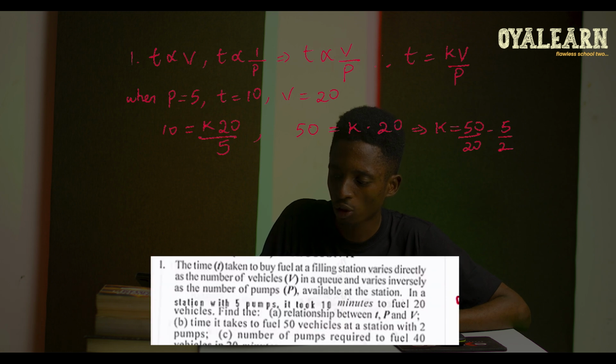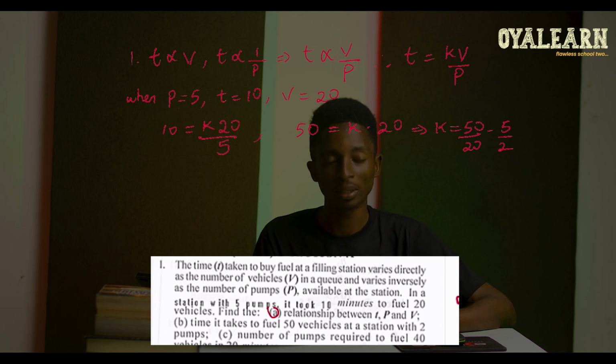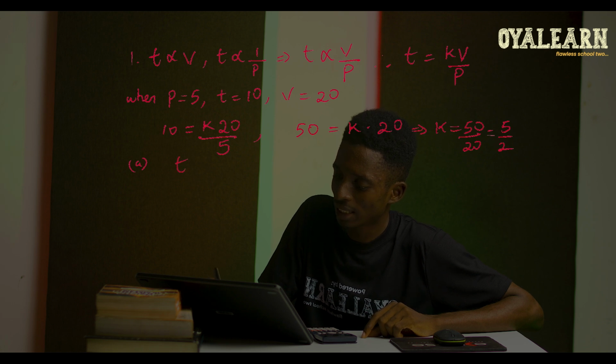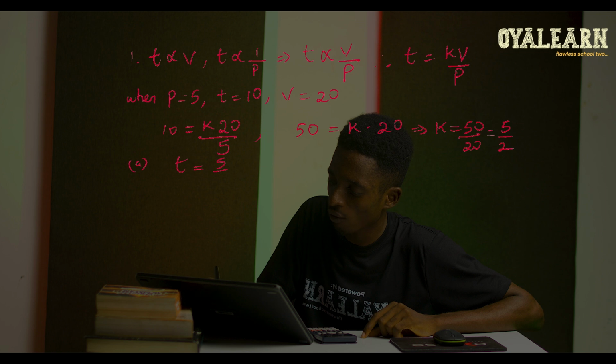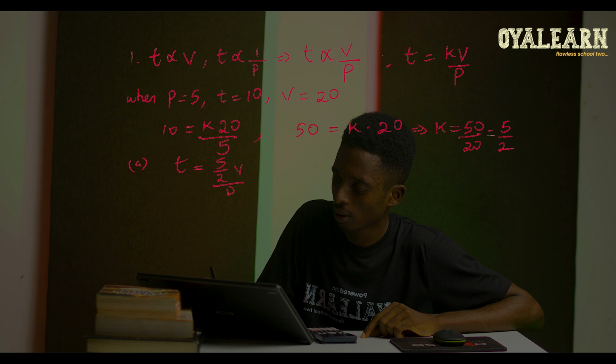So now that we have the value for K, we can go on to solve the first part of the question, which says we should show the relationship between T, P, and V. So A, that implies that T equals K, which is 5 over 2, V divided by P. This can then be written as T equals 5V over 2P.